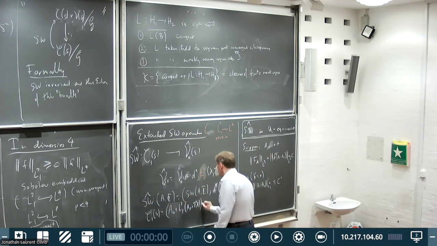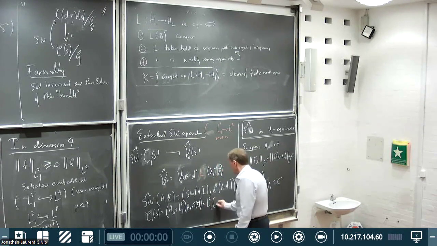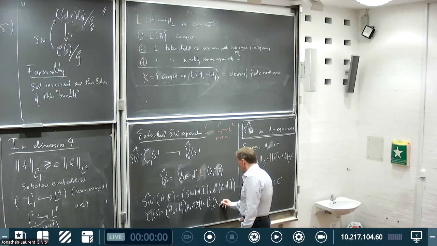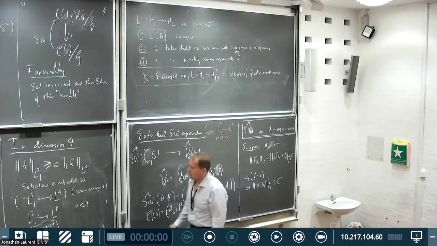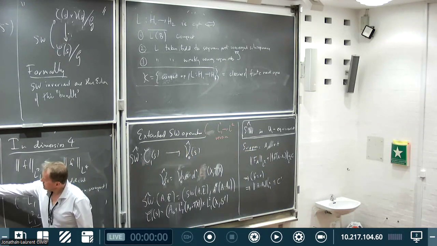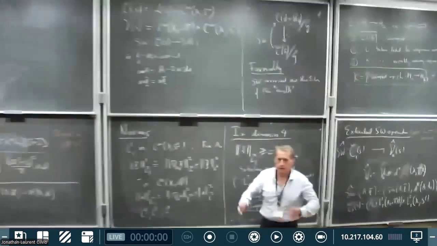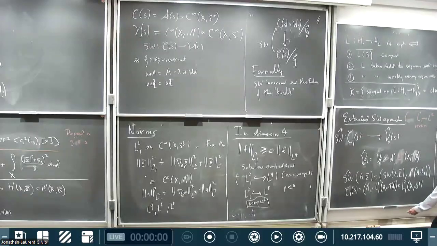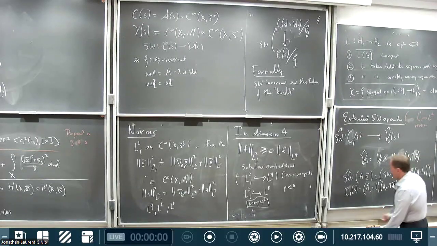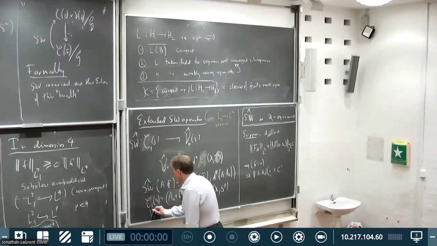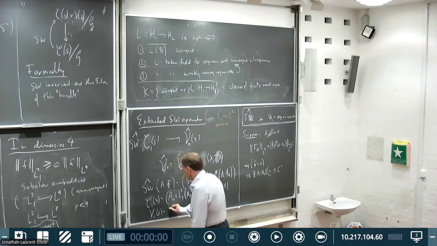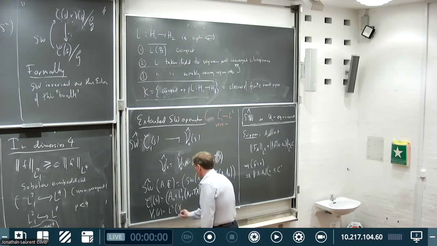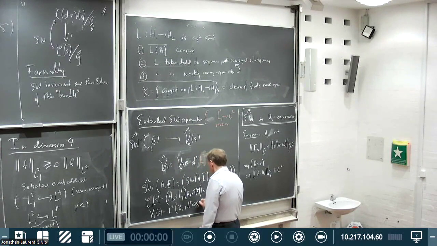But of course that's not enough. I need the spinors, and I want L2 one sections of S plus. L2 one for us just means that I have these norms and I complete smooth functions with respect to these norms. Okay, and V0 of S is just all L2 sections of self-dual real forms plus negative spinors.